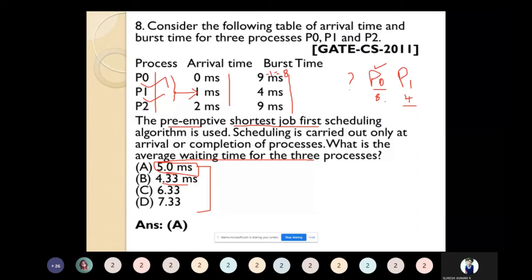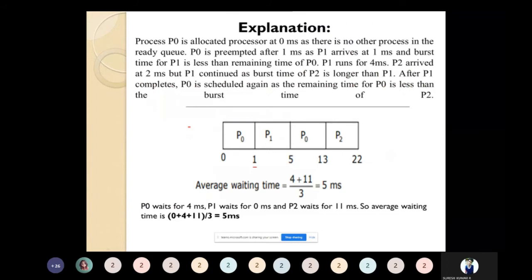By comparing the two processes, P1 is smaller. So P0 is preempted, stopped from execution, and P1 enters. P1 will be served for 4 milliseconds, so 4 plus 1, 5, and it will exit.